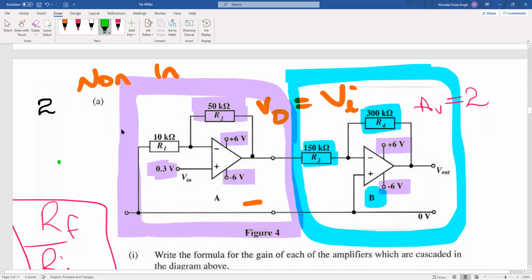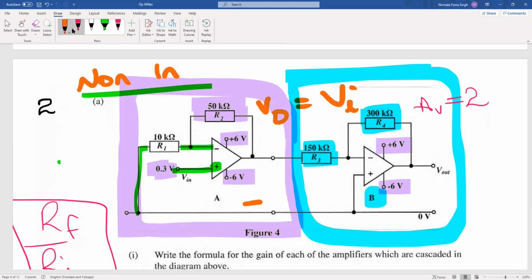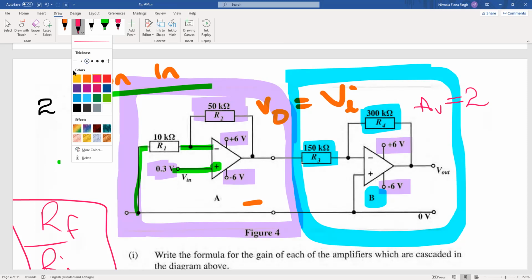We have grounded our inverting input, so this is not an inverting amplifier. Our 3.3 volts is going into our positive input, which is our non-inverting input. So we have a non-inverting amplifier, and the gain is given by, folks, tell me.